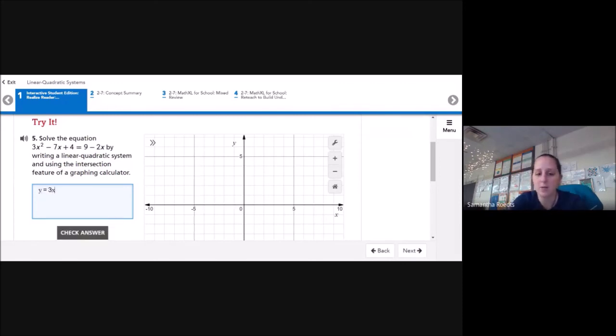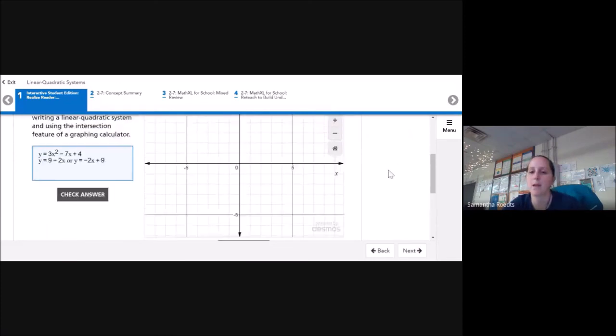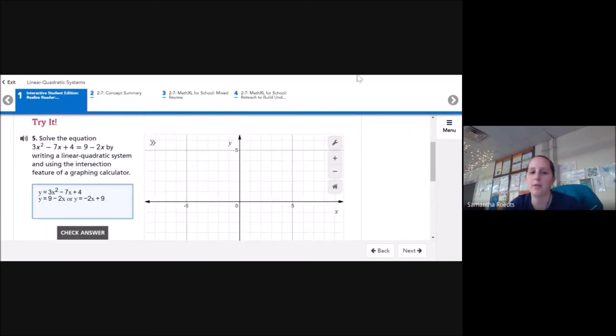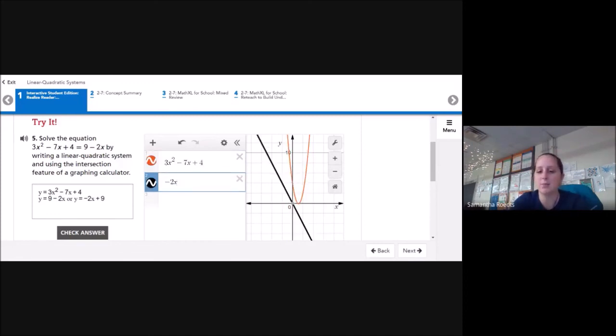So I'm going to set y equal to 3x squared minus 7x plus 4, and y equals 9 minus 2x, or y equals negative 2x plus 9. I'm going to put that in here: 3x squared minus 7x plus 4 and negative 2x plus 9.